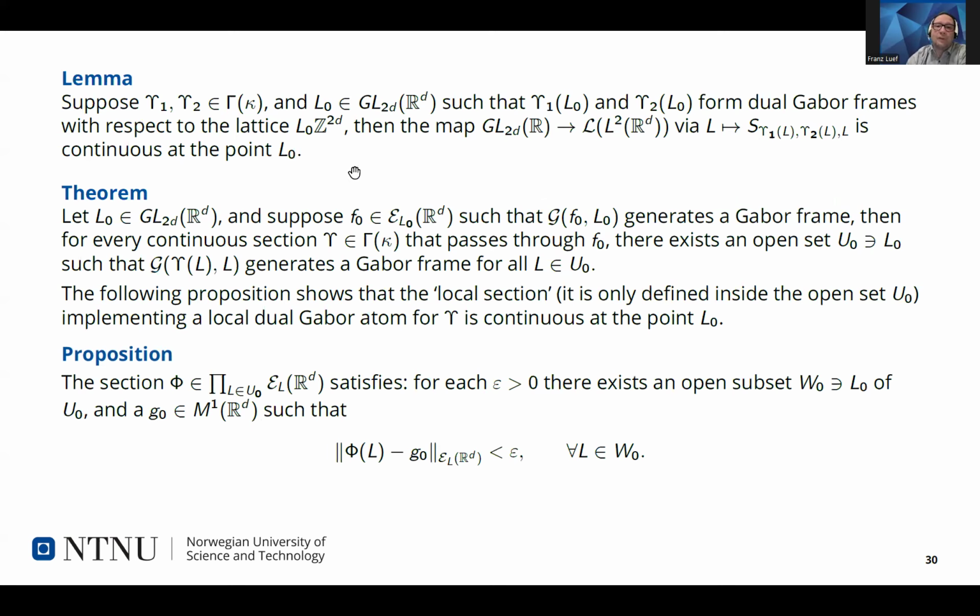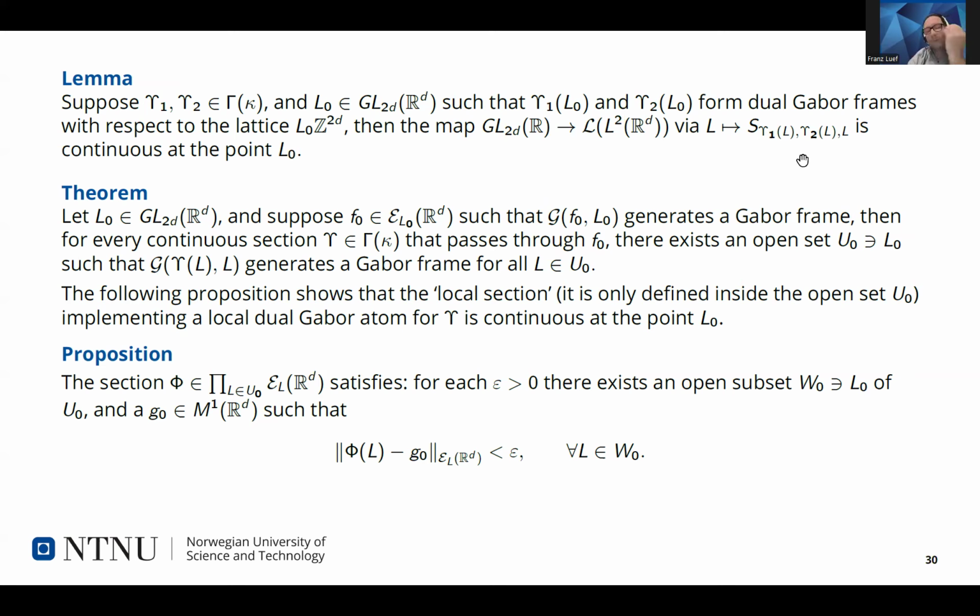So one of the things that we could extend from the original construction from Feichtinger's algebra is that if these elements of the Heisenberg modules form a dual pair, so that you have reconstruction, then this map is continuous at the point that you started out with, L0.